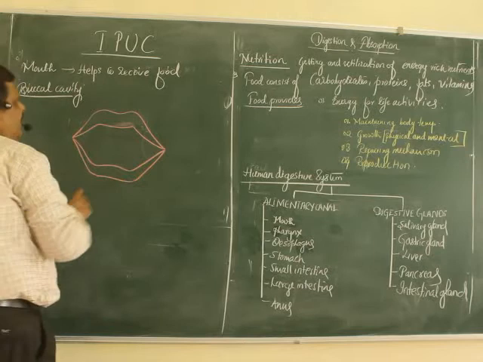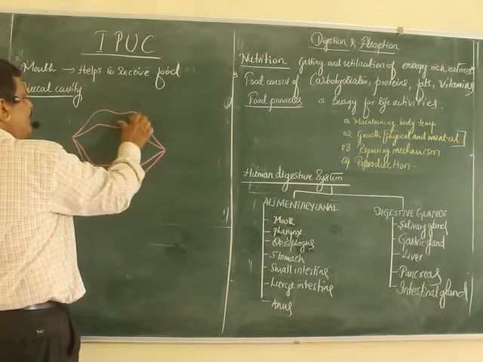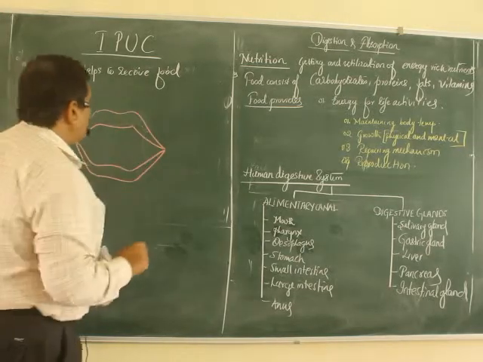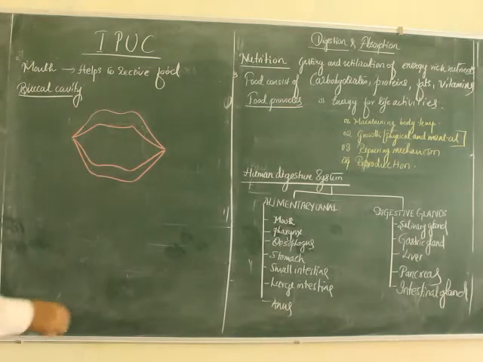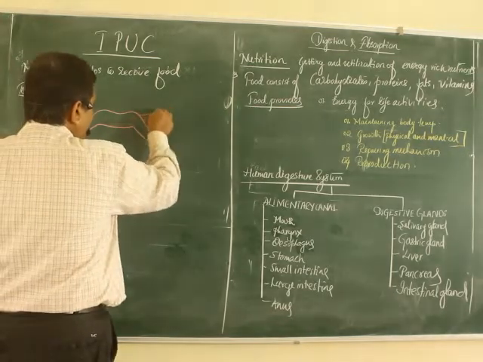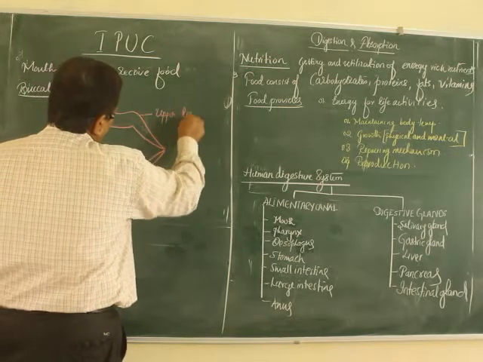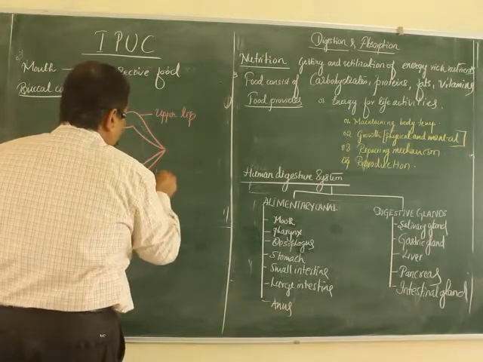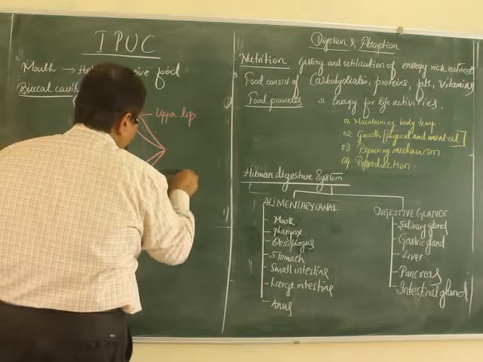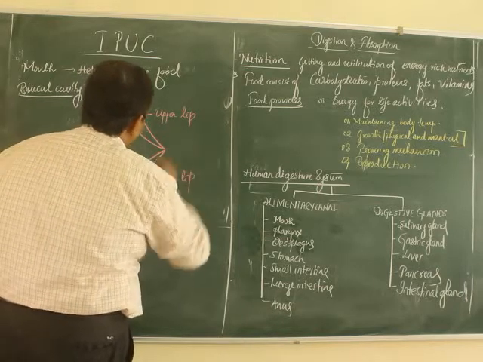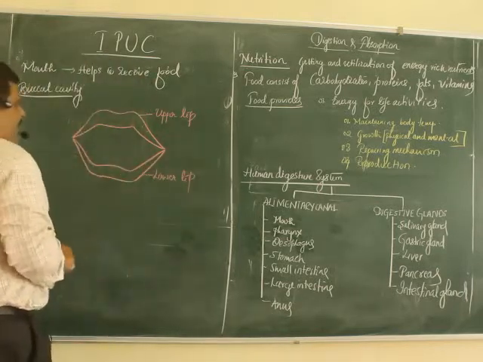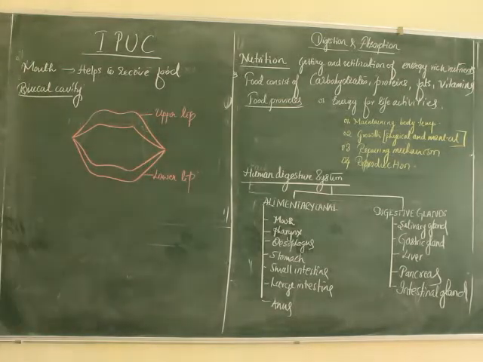This is actually the mouth cavity, and this is called the upper lip. And this part is called the lower lip. And the buccal cavity is decorated with the teeth.